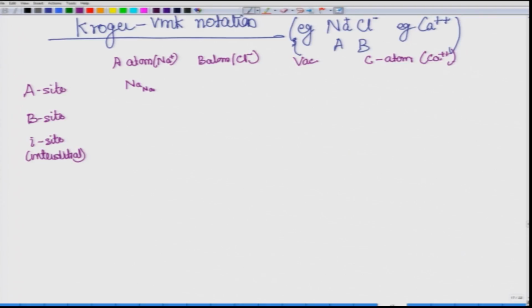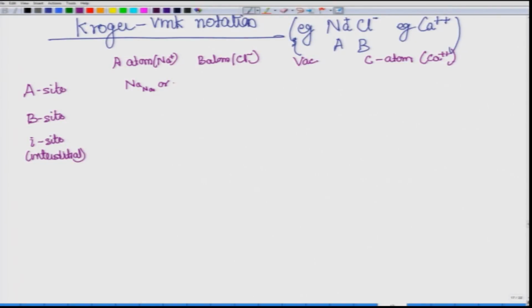Although Na has a plus 1 charge, Na is at its own site, so how different is it from the plus 1 charge that should be there? It is 0. So it will be called neutral in that sense, and hence it is represented as Na subscript Na with a cross. Cross means there is no charge over there.